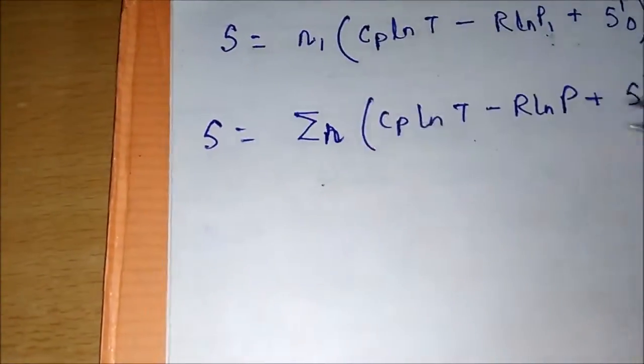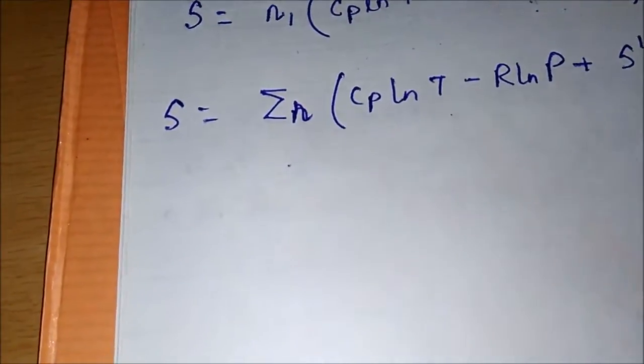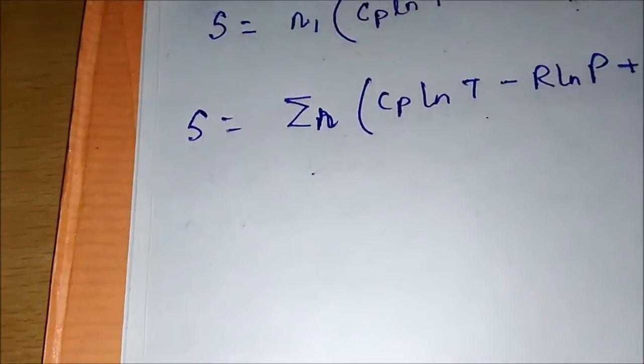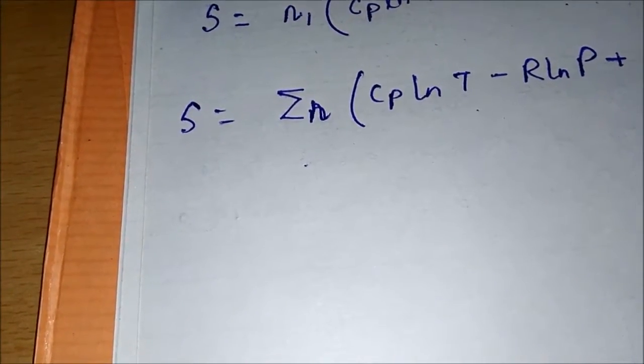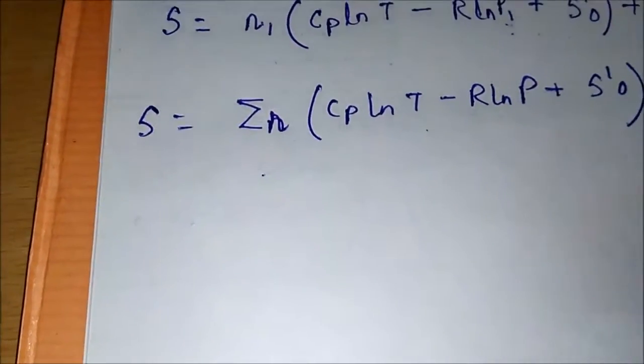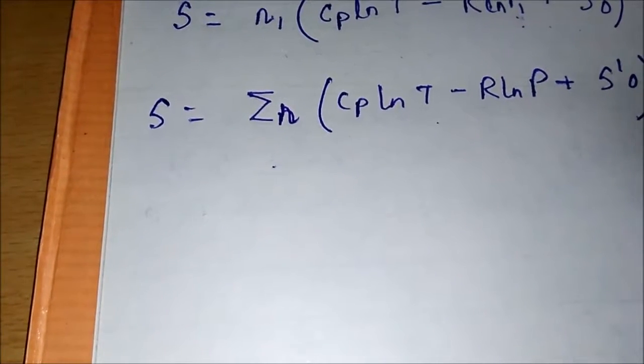This is what will happen for a mixture of ideal gases. This N can be just 1, or it can be many, 100 gases as a mixture, 1000 gases as a mixture, doesn't matter. The equation will modify itself accordingly.